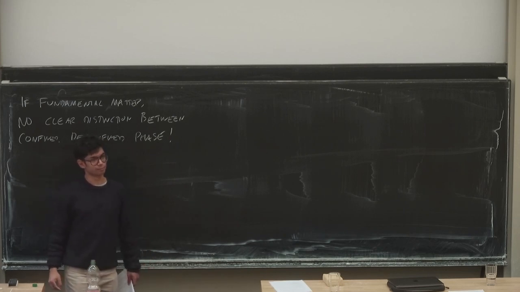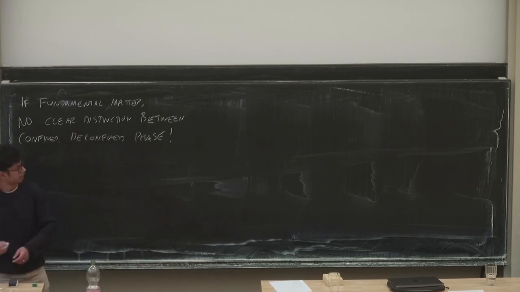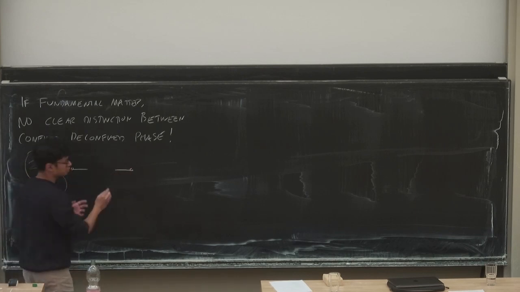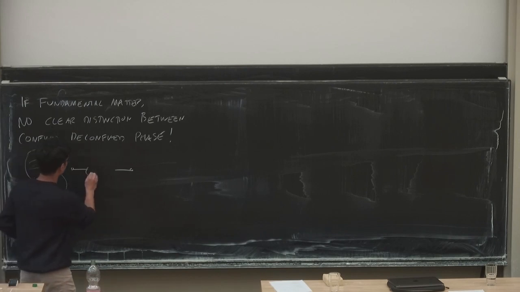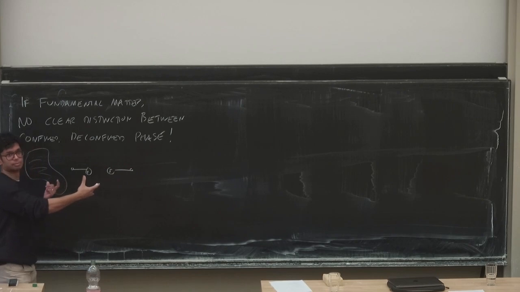Okay? In other words, all Wilson lines will have a perimeter law because there's no reason for anything to have an area law. If you try to make a flux tube, say it's trying to be confined, okay? It's trying to make a flux tube, then you'll end up creating a quark-antiquark pair in the fundamental that will break the flux tube.